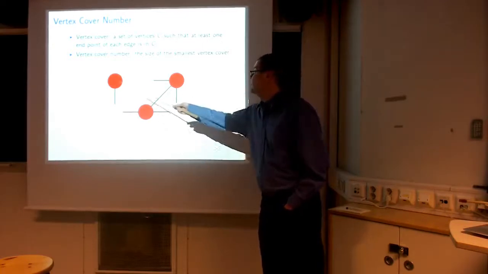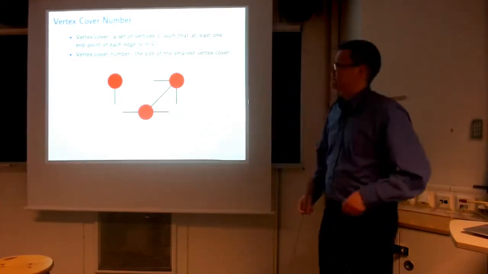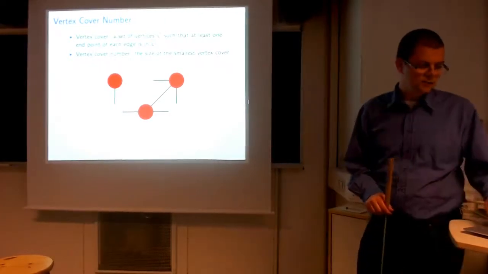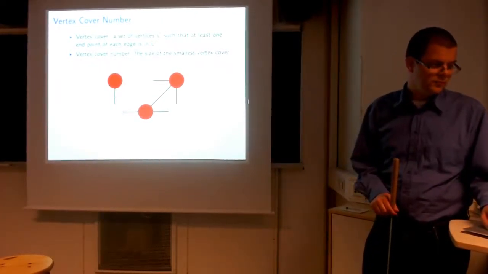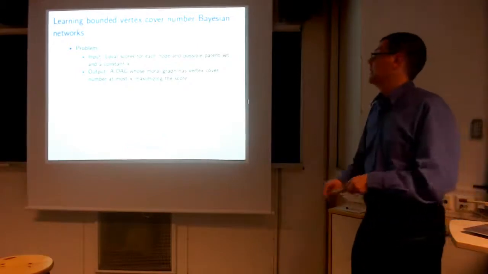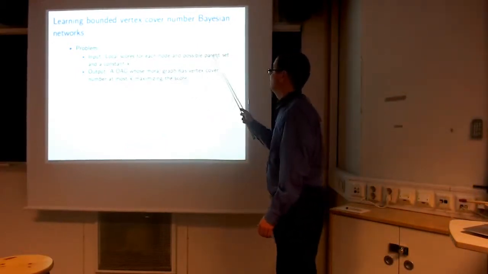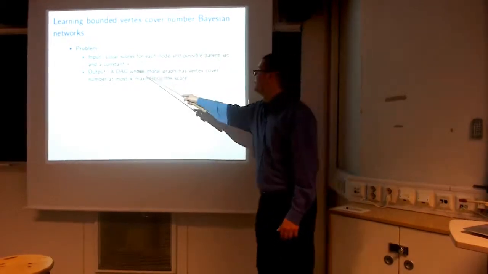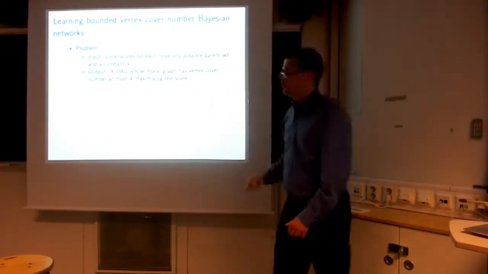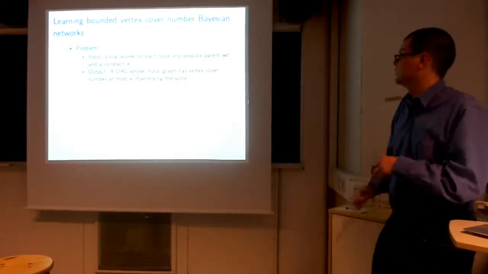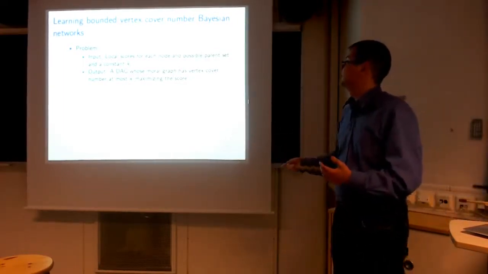Here the red nodes form a vertex cover. And the vertex cover number is the size of the smallest vertex cover. So again, the problem is that we have the local scores as input as well as a constant k, and then we want to find a DAG whose moral graph has vertex cover number k and that maximizes the score.